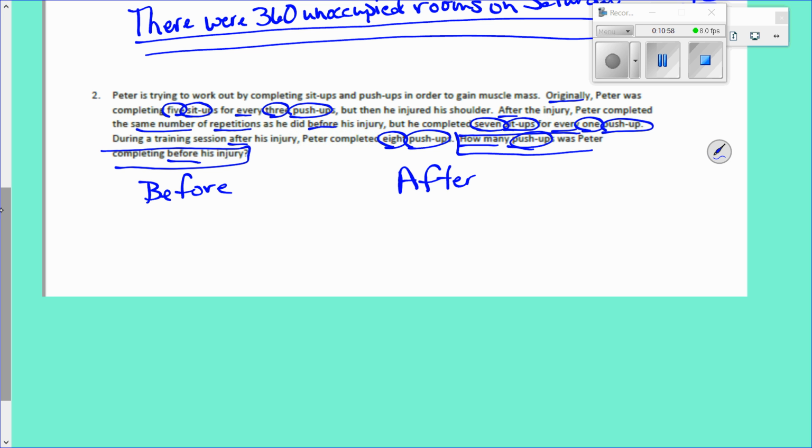Good, Wesley. 5 sit-ups for every 3 push-ups. So my tape diagram should be relatively simple. I've got 5 and then 3. And that is sit-ups to push-ups. So S is the number of sit-ups, and P is the number of push-ups.